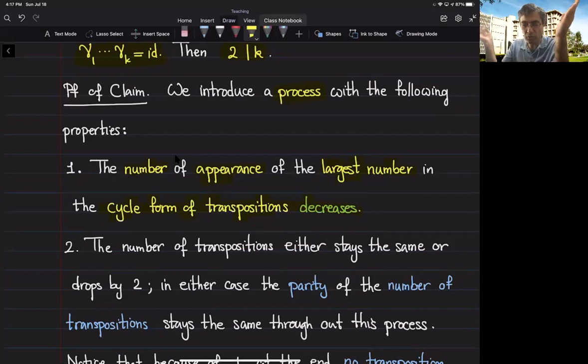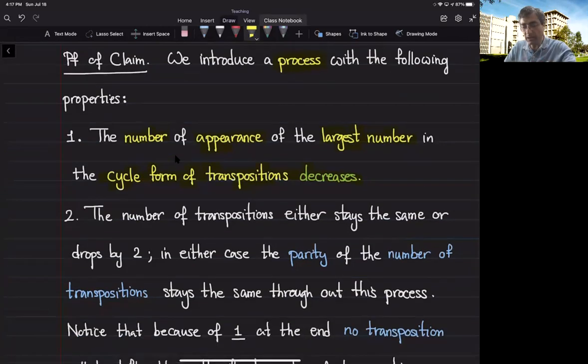I might drop the maximum, but I'm not going to increase or add anything to the supports. I'm going to only decrease the number of appearances of the largest number in this transposition product.